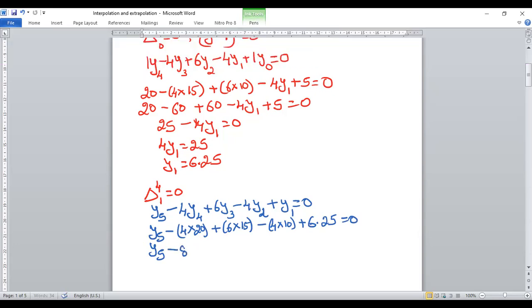minus 4 into 20 is 80 plus 6 into 15, 90 minus 4 into 10 is 40 plus 6.25 is equal to 0. Then y5 minus 80 plus 90 minus 40 plus 6.25. So solving, that becomes minus 23.75.